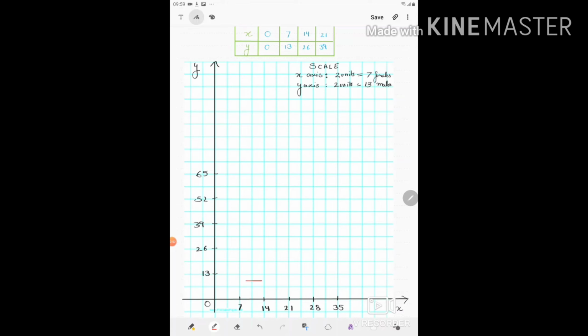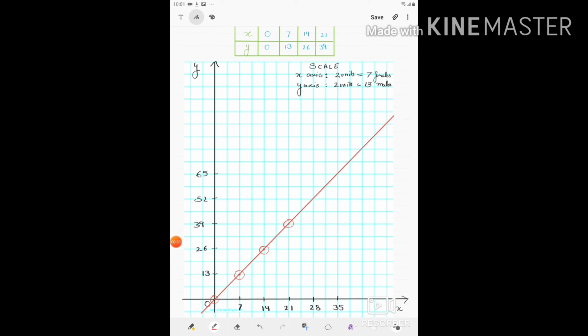Now the points here: 0, 0 will be here, then 7, 13, the next one is 14, 26, then 21, 39. Join these points.